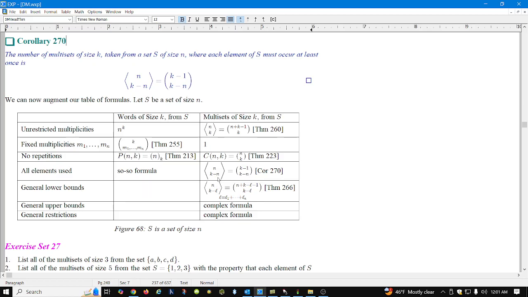Okay. And the corollary gives us this cell, multisets of size k taken from S, where all elements are used, so the lower bounds are 1. What we're left with is to deal with these 3 cells. And it's going to take us a little while to build the machinery we need to take care of those.